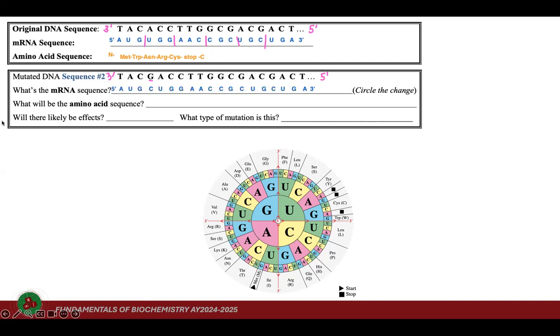So this is our mRNA transcript. And then we're going to identify the triplets.